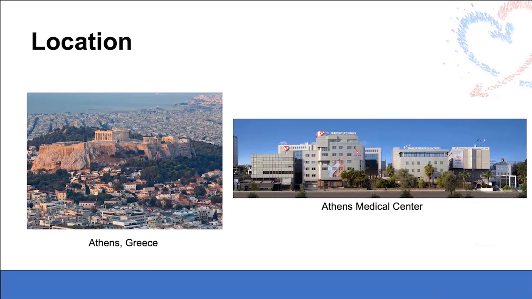Just to show you again the location of our work. We are in Athens, the beautiful city of Athens, and this is the Athens Medical Center, one of the biggest private hospitals in Greece, where we built our first hybrid room 1 year ago, and this is, let's say, the feedback after 1 year of a very nice program in vascular medicine.